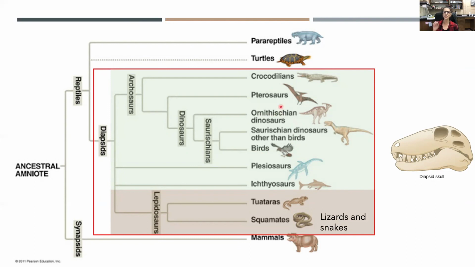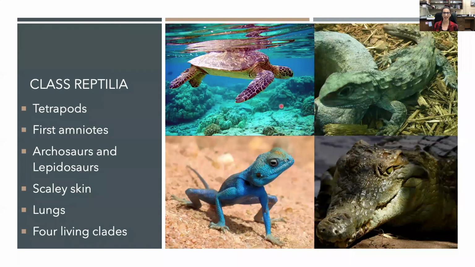So let's delve deeper into the class Reptilia and how they fit into all of this. Reptiles originated about 300 million years ago during the Carboniferous. They are one of the oldest known amniotes, and they had both amphibian and reptilian characteristics when they first came on the scene. As mentioned previously, we have both archosaurs and lepidosaurs that are represented in our reptiles.